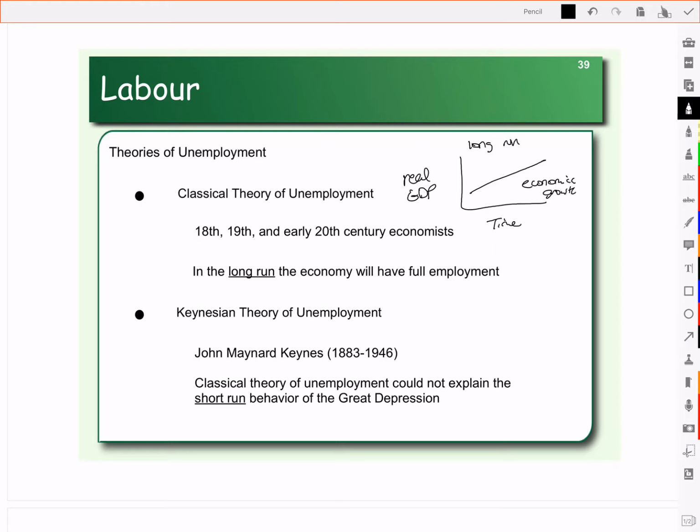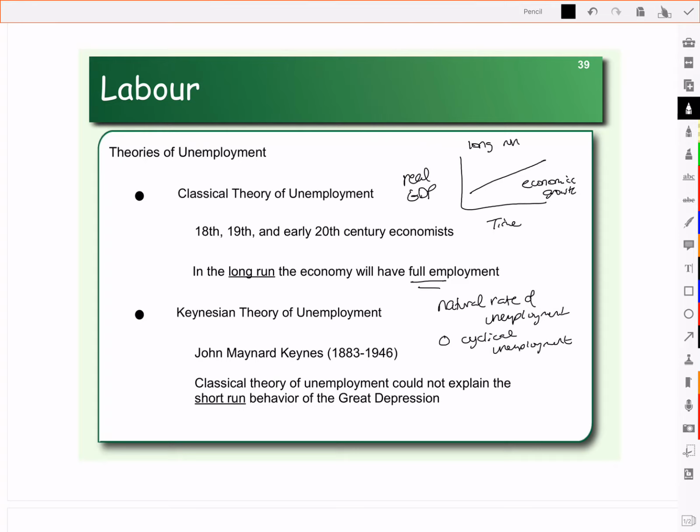Which means that as we look long-term, bigger picture, the economy will be at full employment. Now, do you remember, what does it mean to be at full employment? Remember, full employment means that you're at the natural rate of unemployment, or that we have zero cyclical unemployment.